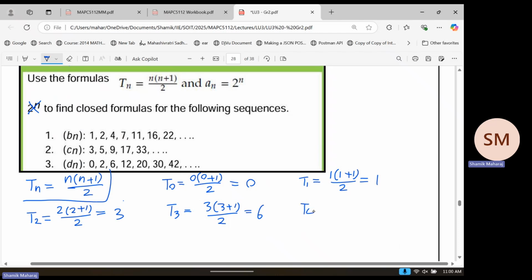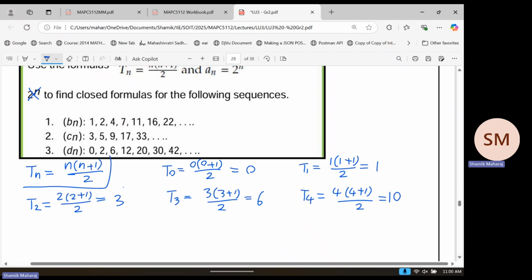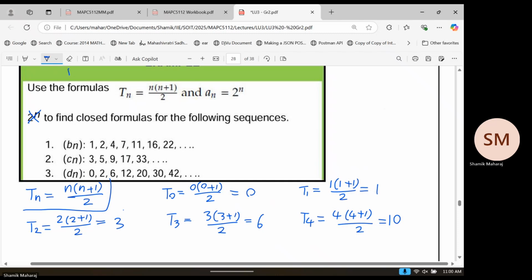Let's just do one more. 4 times (4 plus 1) over 2, which is 20 over 2, which is 10. So we have enough to construct a sequence for Tn, which I will write right here. Tn: 0, 1, 3, 6, 10, and so on.